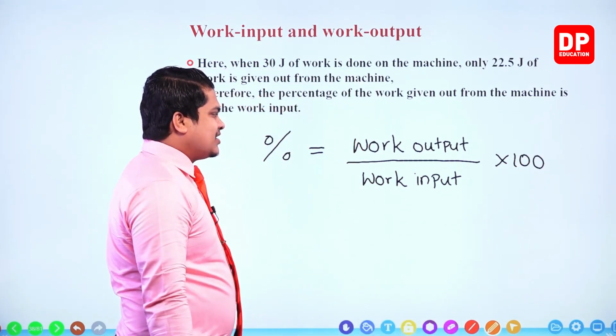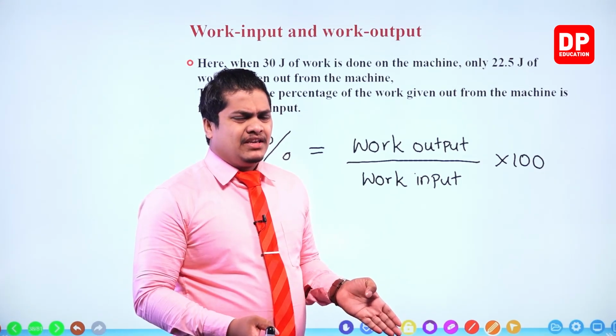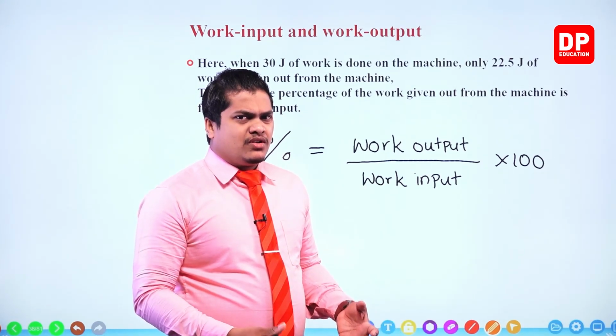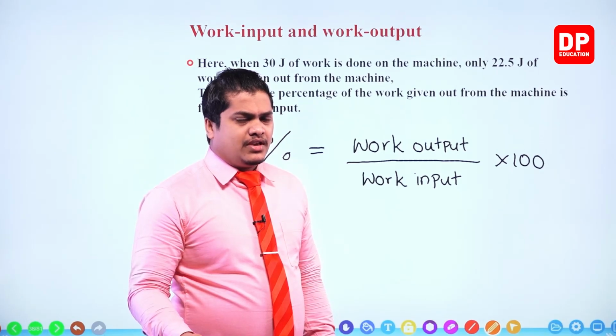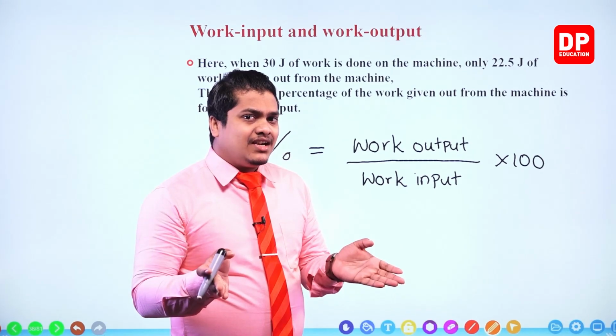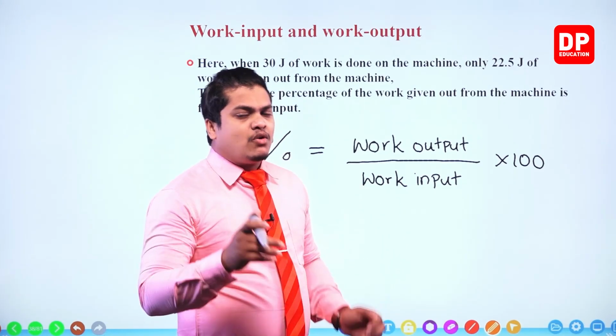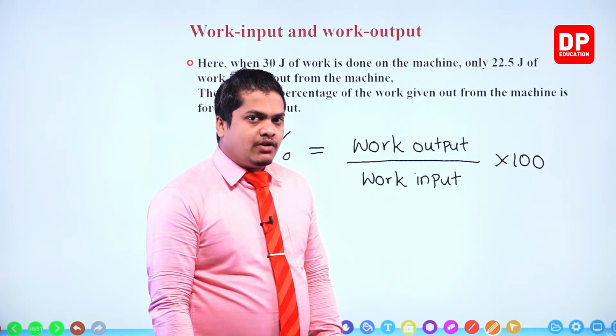Very simple, no? So to find out any kind of percentage, you take the given amount, you take the resulted amount, then divide the resulted amount by the given amount, then multiply it by 100 to find out the percentage.